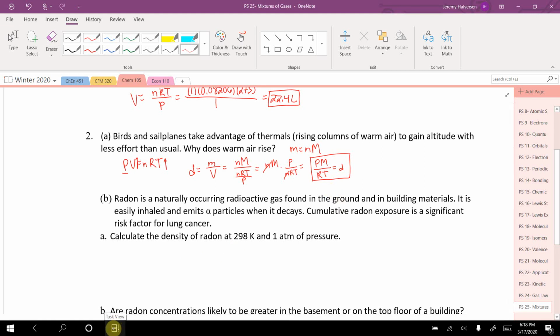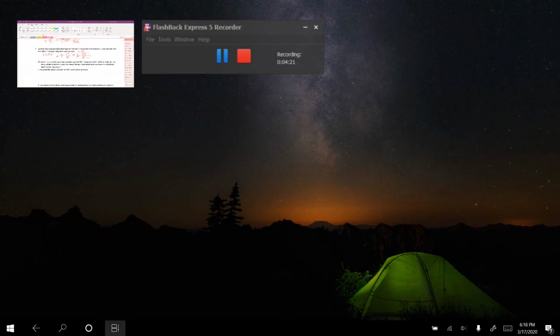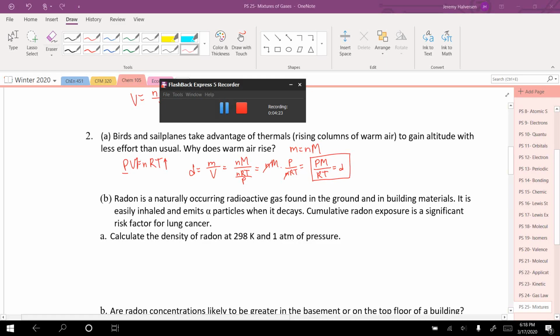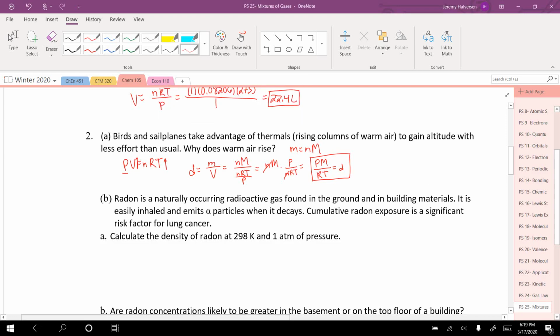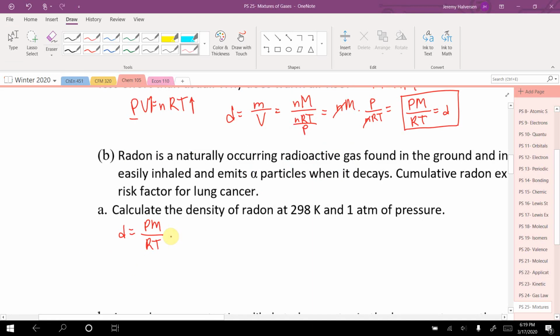Let me quickly pull up a periodic table. Okay, so we're trying to find the density. We know that density is going to be P times M over R times T. Well, what's my pressure? My pressure is 1 atmosphere. What's my molecular weight?